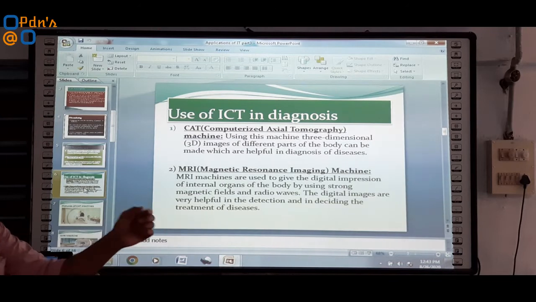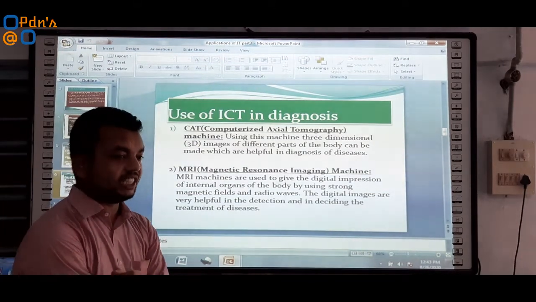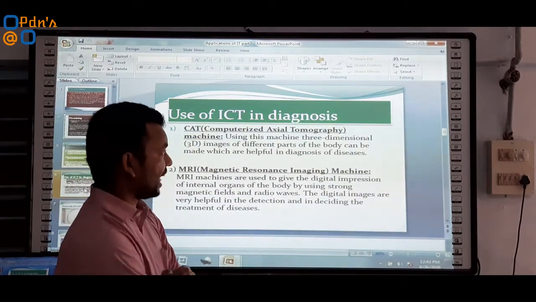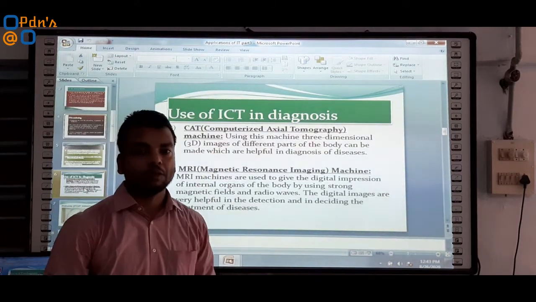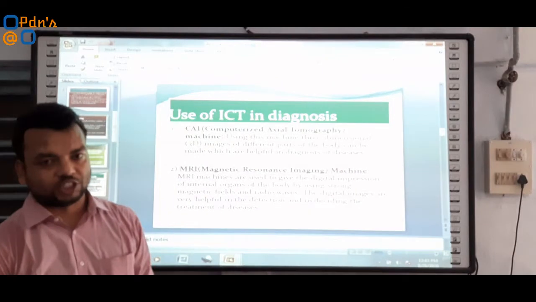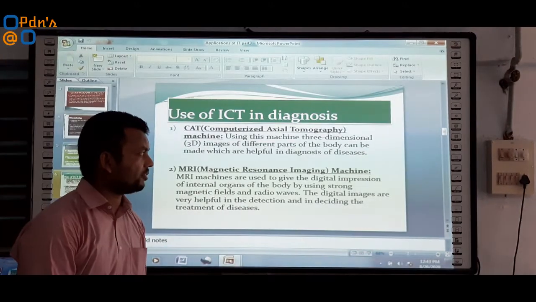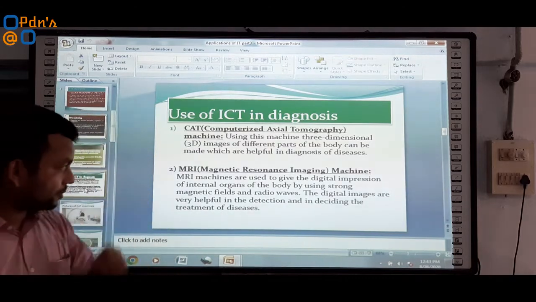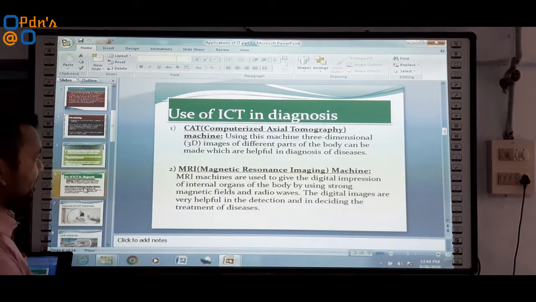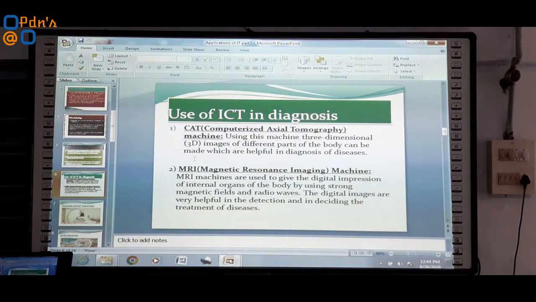The first category of device in this diagnostic field is the CAT machine, or computerized axial tomography machine. What is the purpose of this machine and how does it look, we will see in this discussion itself. Using this machine we can obtain 3D images of different parts of a body.